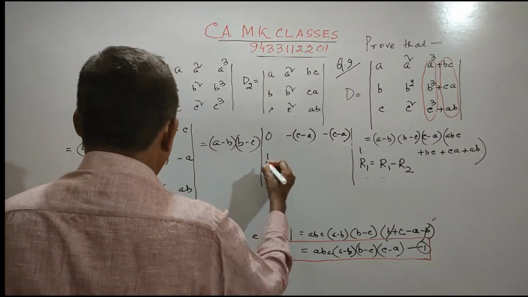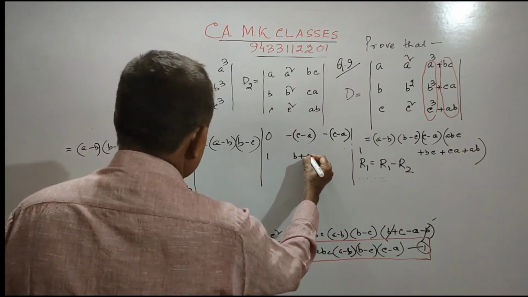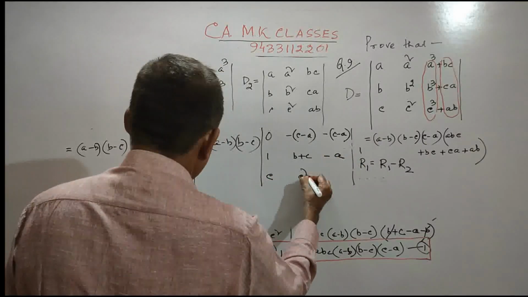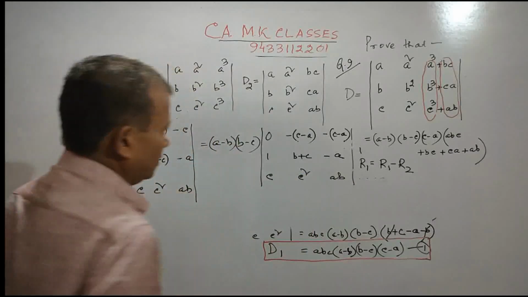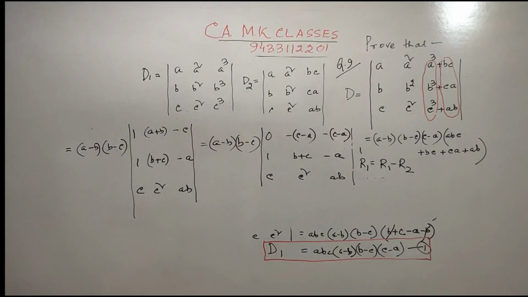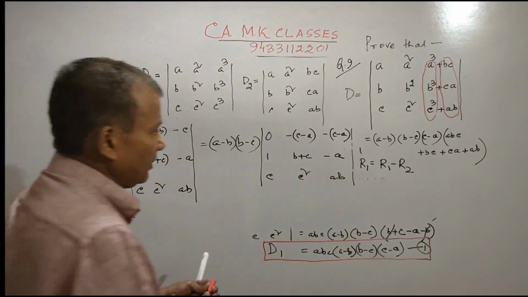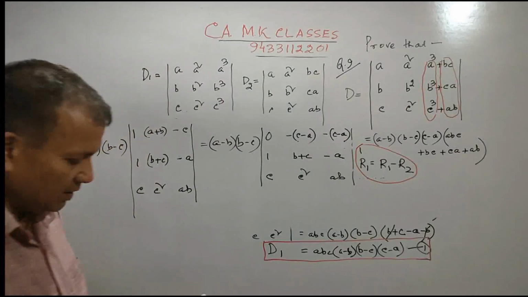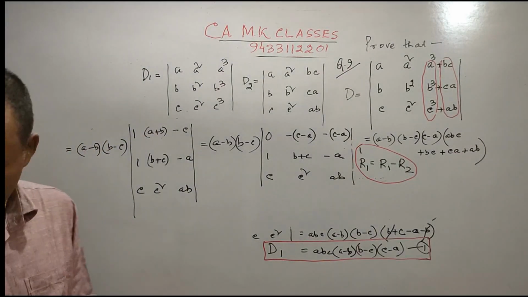Now this will be 1, b plus c, minus a, c square ab. And we apply this particular property, r1 dash is replaced by r1 minus r2.